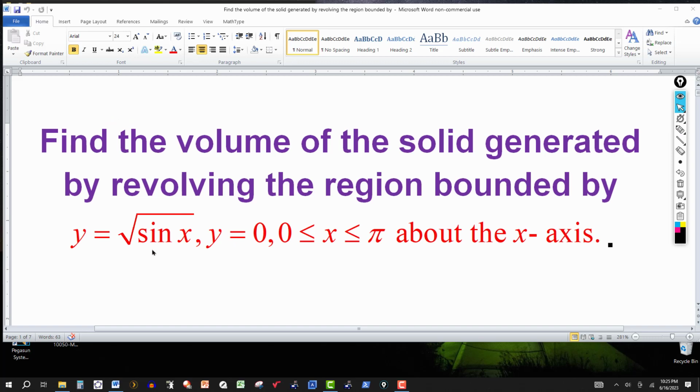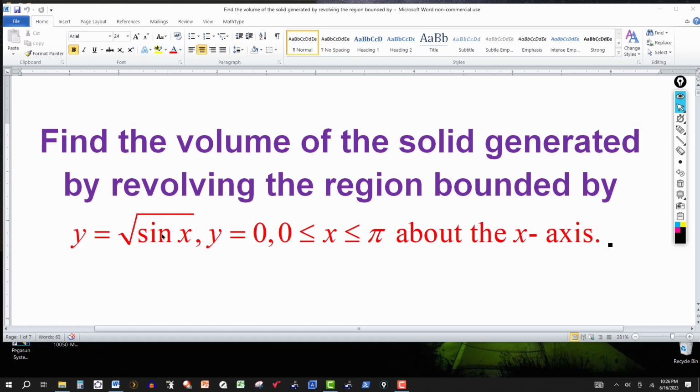Let's look at this again. The region is formed by this particular curve, x between 0 and pi, or x greater than or equal to 0, less than or equal to pi, and y equals 0, which of course is the x-axis. So notice, if I replace the x by 0 in this function, sine of 0 is 0, square root of 0 is 0.